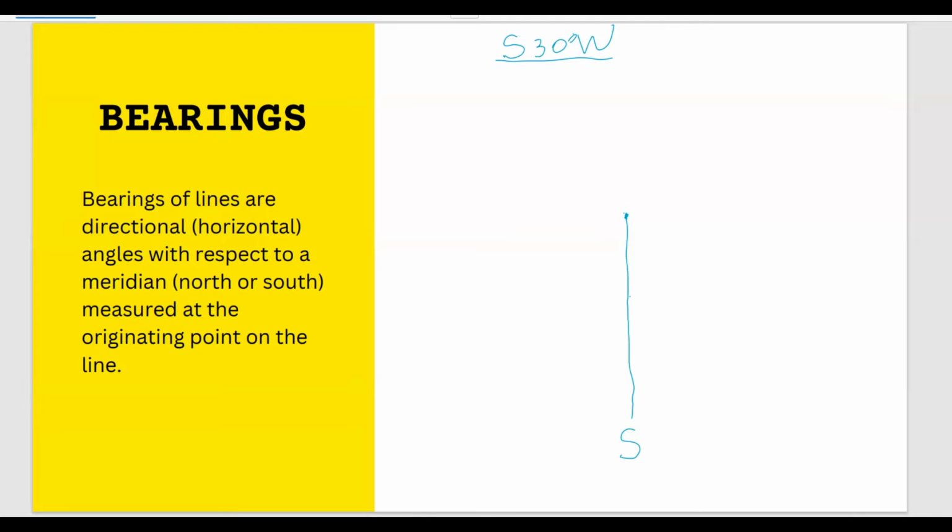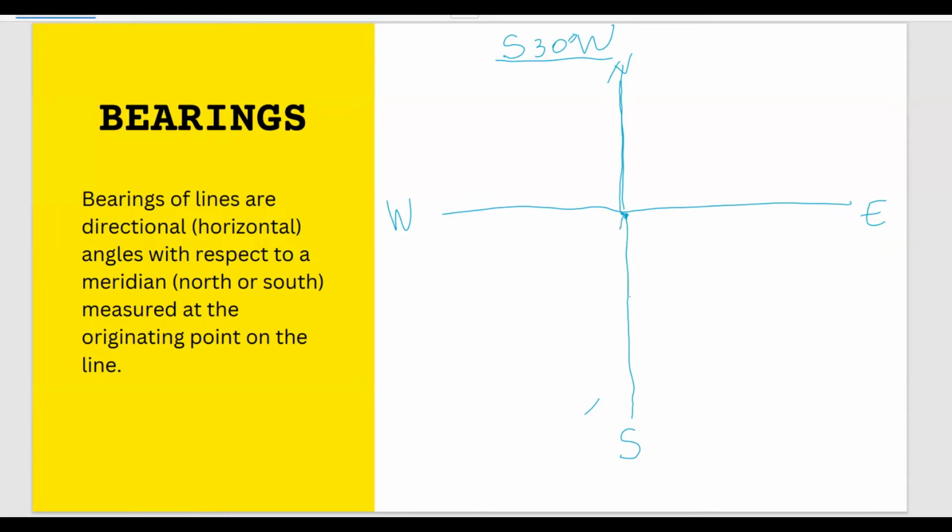I know that if this is north, south, west, east, maybe I should explain it this way. Okay, and if I was to draw the coordinate system, north, south, west, east, I have southwest, which tells me that I am in this quadrant over here, and my line is south 30 west.